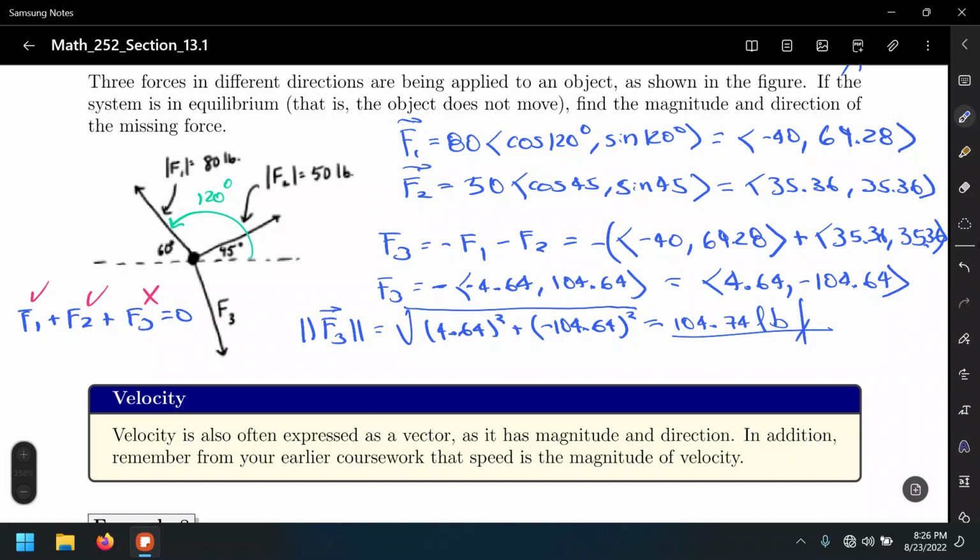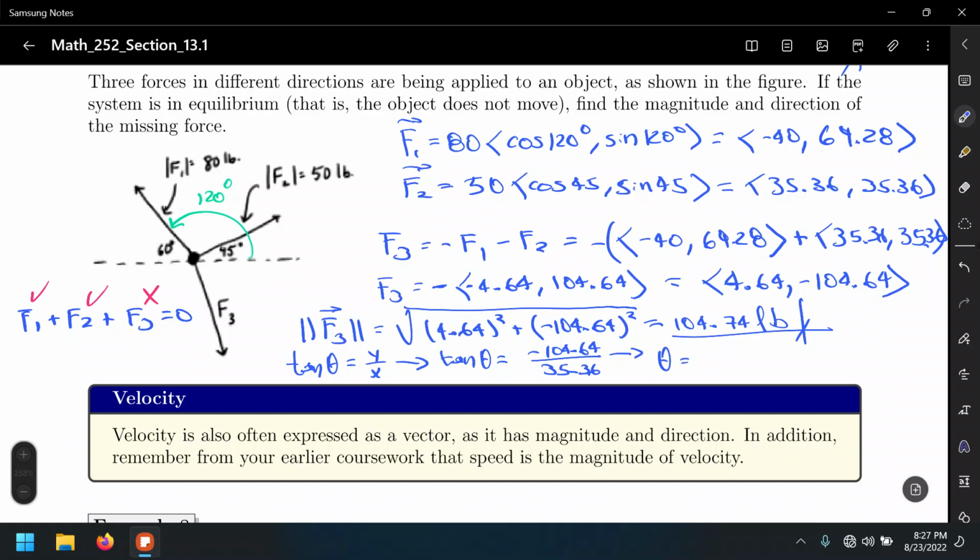So in this case, let's use the same tangent theta equals y over x. Tangent theta equals, let's just use positive numbers if it's fine. Or, never mind. Let's use y negative 104.64 over 35.36.